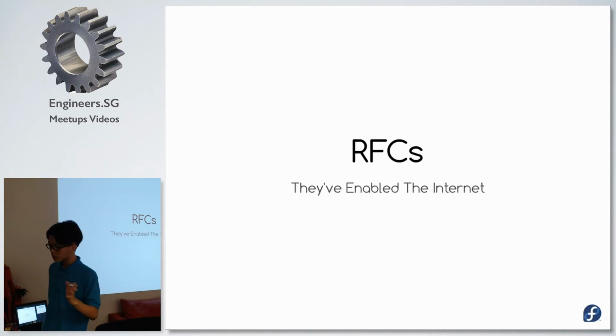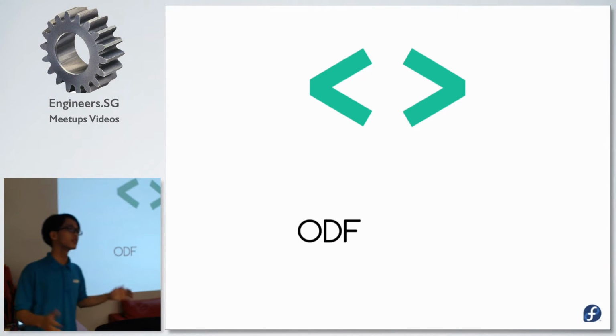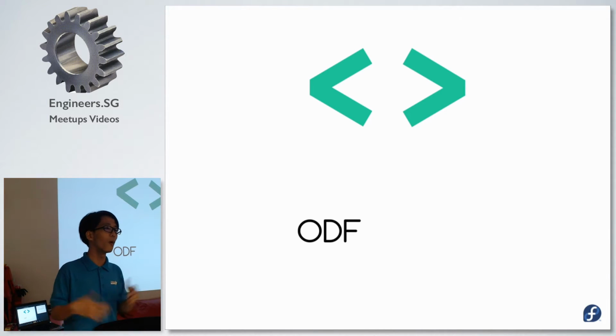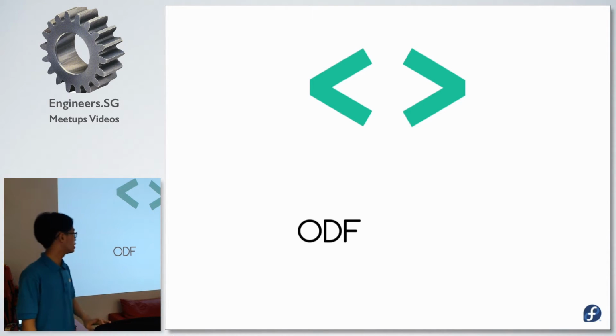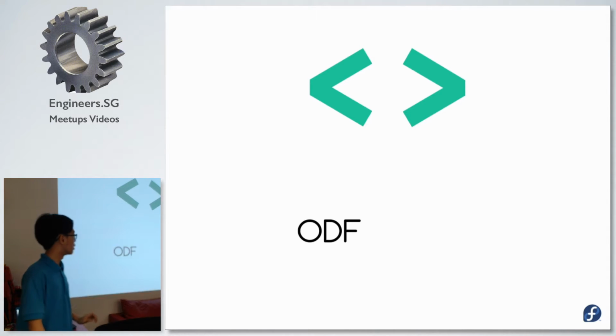So let's move on a little bit more towards documents. We have the primary, some people call it the obvious document format, called Open Document Format, ODF, and it started around 2002.